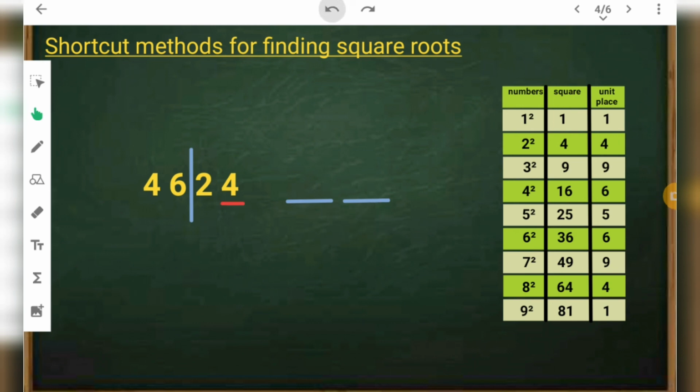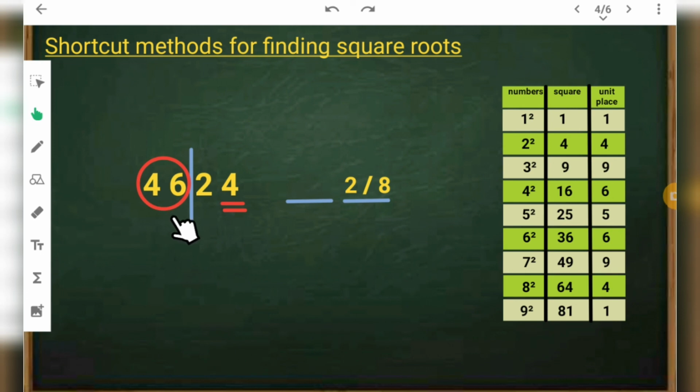Now in the ones place I have 4. When you will get 4, either 2 square or the friend of 2 is 8, 8 square. See, here or here, right? So it is possible for me, either it can be 2 or 8. Next, we are focusing on this 46.